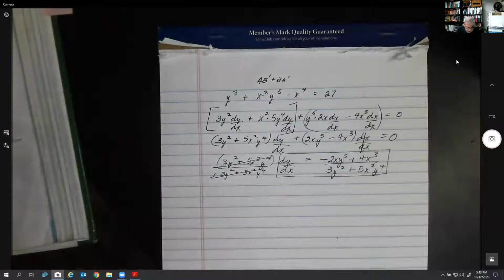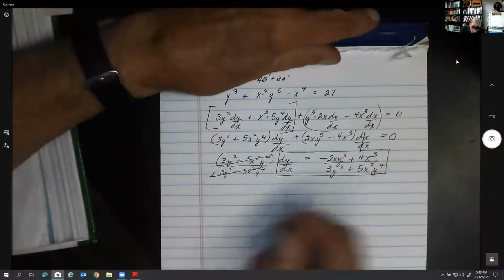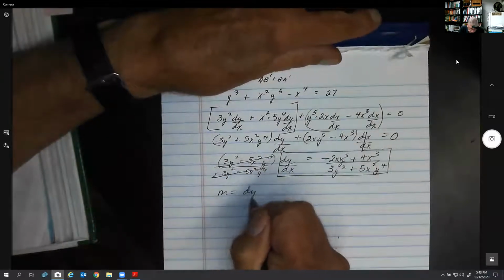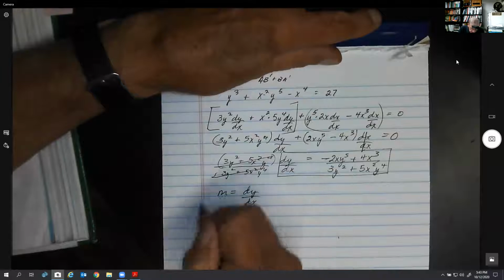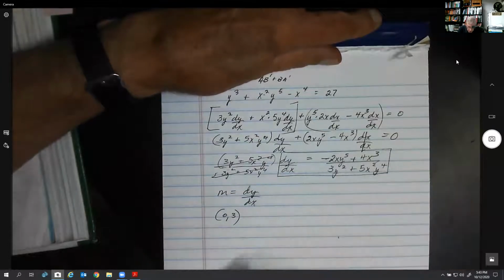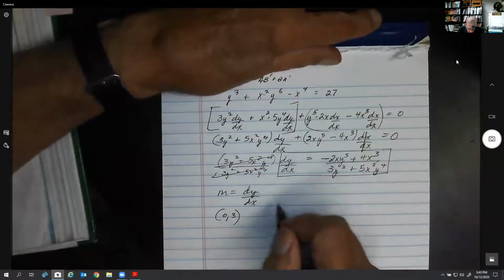So the next thing it said, let's find the slope of the tangent line at 0, 3. So this is our slope. And it says at 0, 3. So wherever there's an x, I'm going to put a 0, and wherever there's a y, I'm going to put a 3.